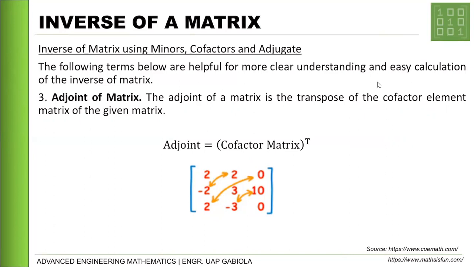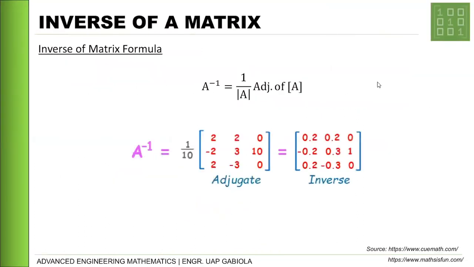Okay? And once na nakuha na natin yung adjoint natin, gagamitin natin siya sa formula ng inverse matrix. Na ang formula niya is 1 over determinant ng A, okay, times yung adjoint of A. Yung mangyayari, para makuha ng inverse, itong 1 over 10 dito is our determinant.